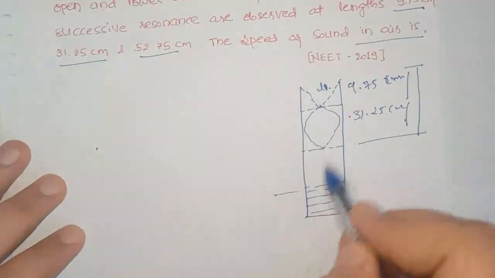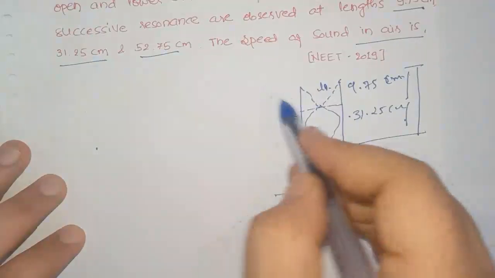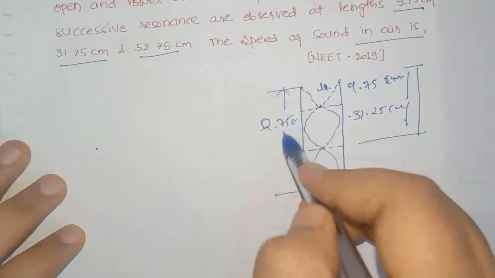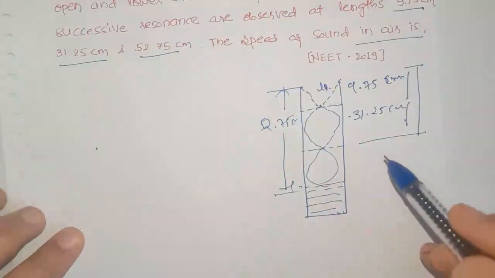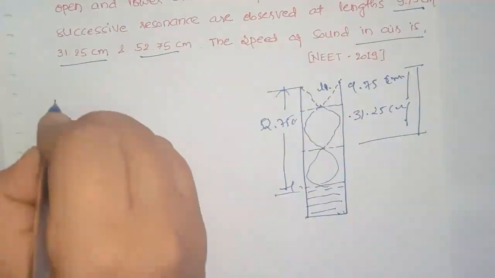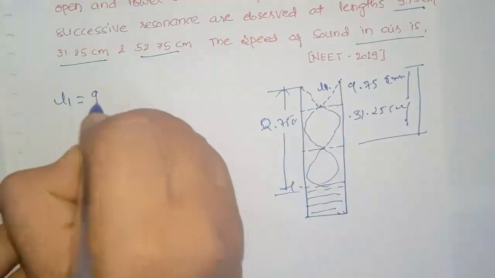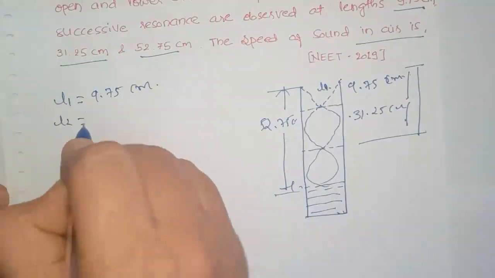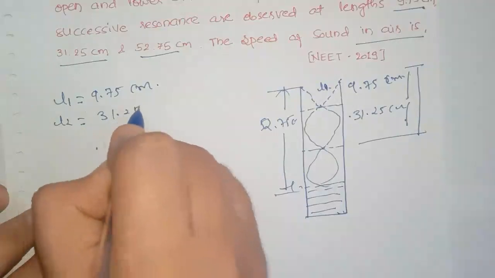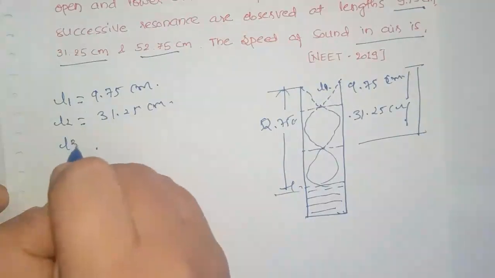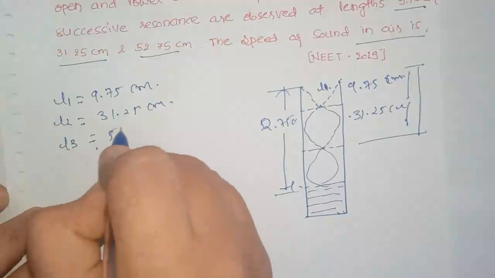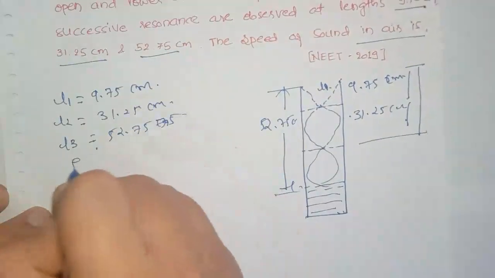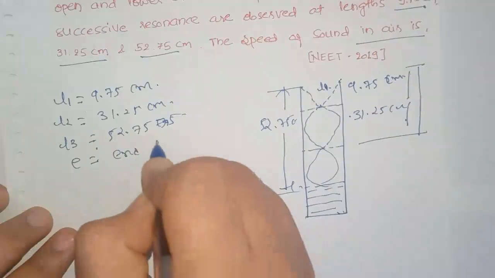And the third was heard at 52.75 centimeter. So we can write L1 is equals to 9.75 centimeter, L2 is equals to 31.25 centimeter, and L3 is equals to 52.75 centimeter. Let's say E represents the end correction.